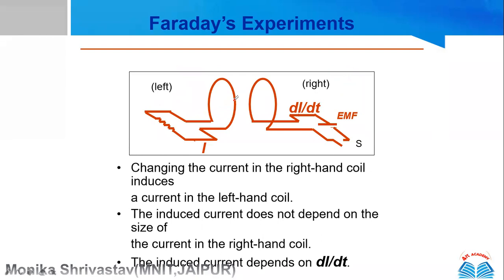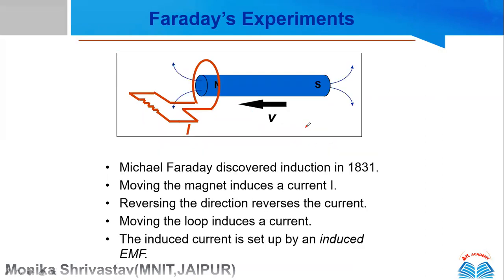So basically, this is the diagram. On the left, this was the coil, and on the right, there is an EMF attached with this coil. Now, if it is the coil where there is no EMF, what we are saying is that this magnet will induce EMF.